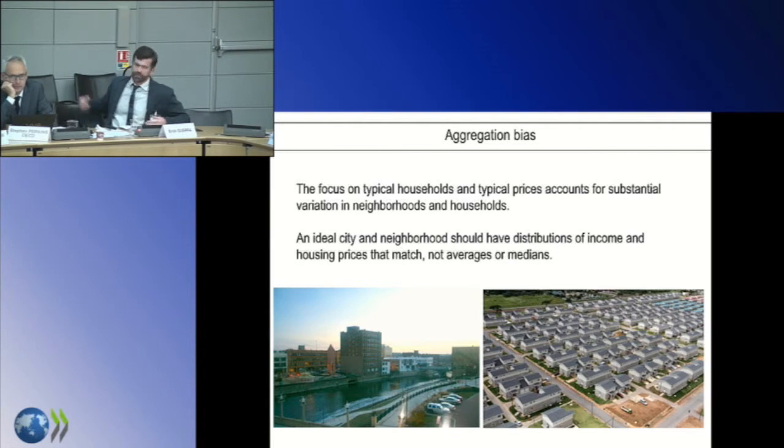What we really want is to be able to match households to housing units. So what we care about is not necessarily median housing price. And again, this is an important way we need to aggregate up to have indices that are useful, but it also creates some bias, some problems. So there may be some areas that look affordable, but they're actually fairly unaffordable.